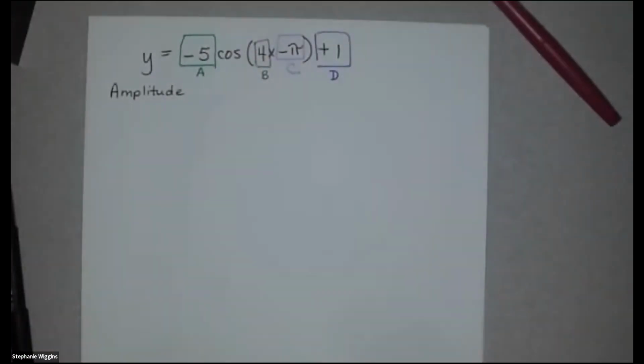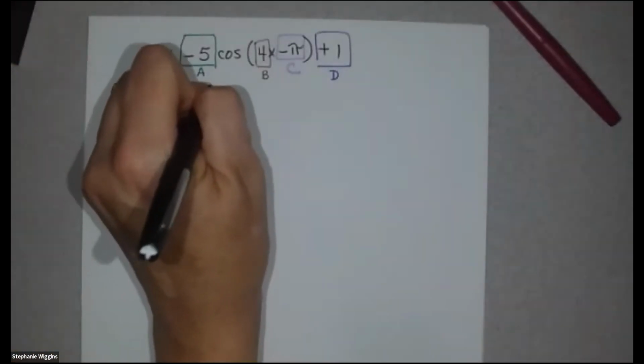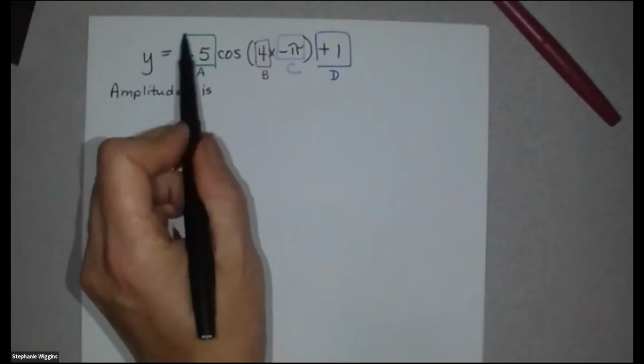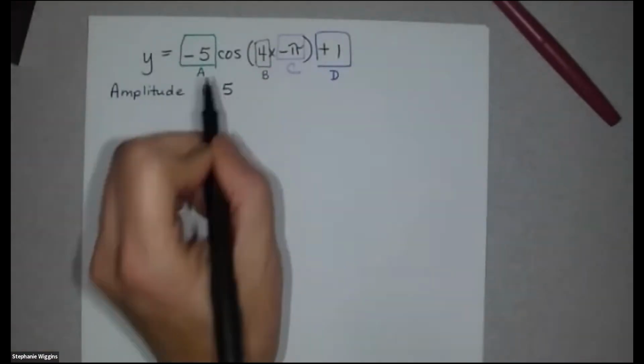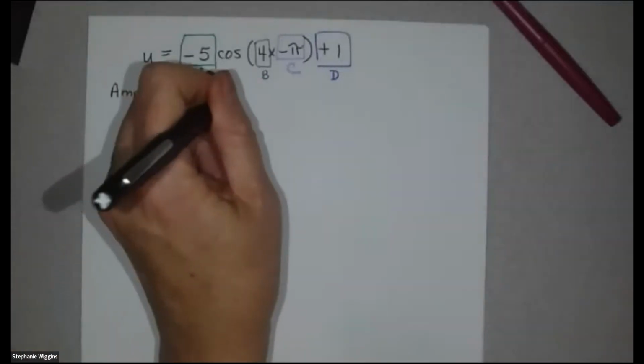What can we say about the graph? Well, the amplitude is the absolute value of A, so that would be 5, okay?